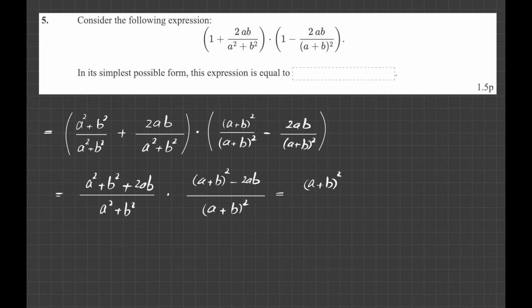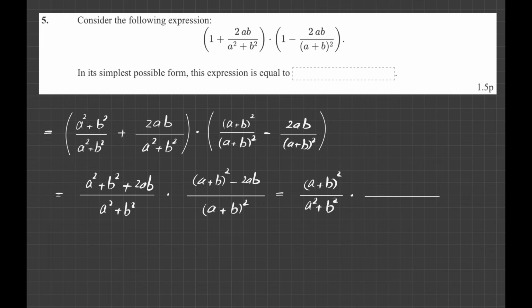So let me explain again. Instead of this expression, I wrote its factorized form. Why is that correct? Because the first one squared is this one, the second one squared is this one, 2 times the first one times the second one is that one. And the denominator is of course a squared plus b squared. Yes? Multiplied by.